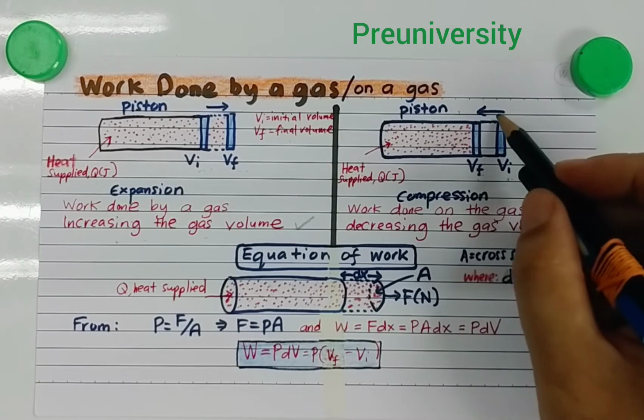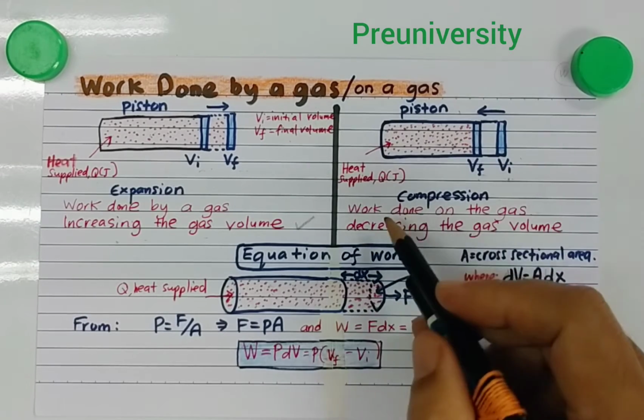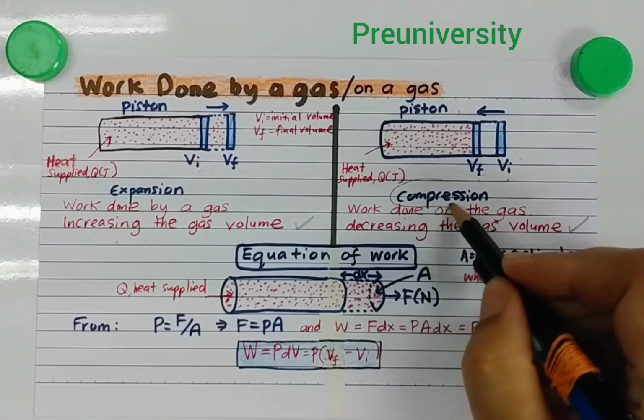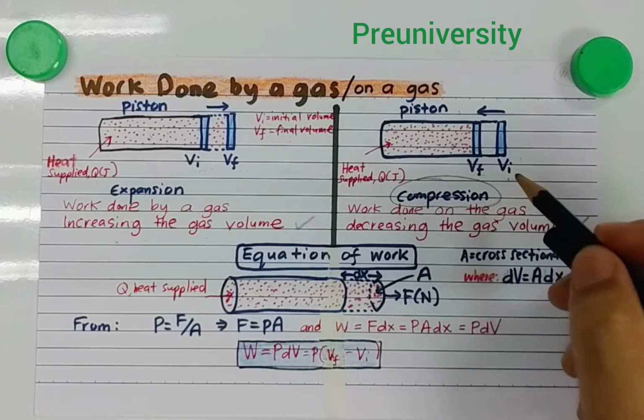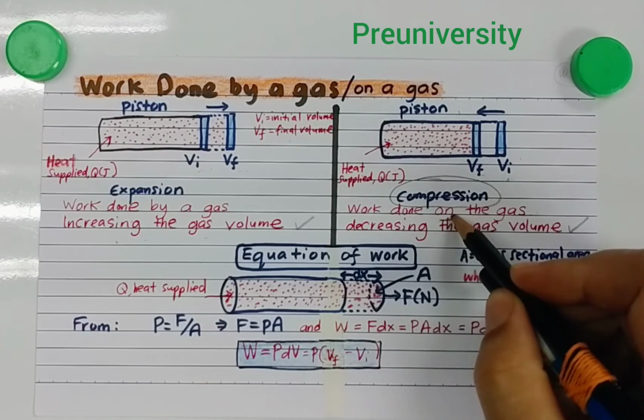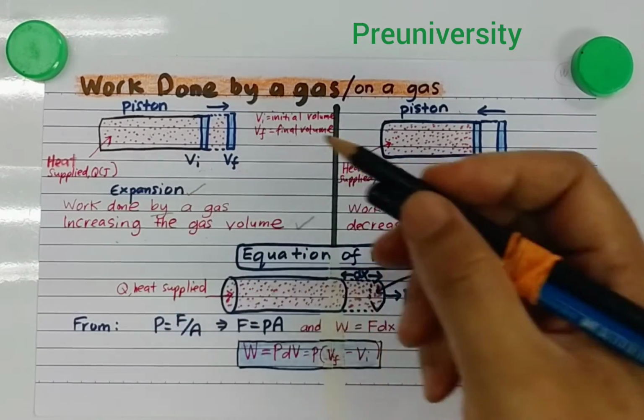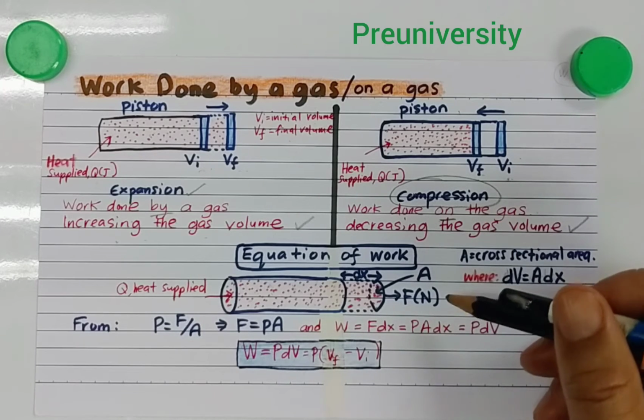What we can see here, decreasing the gas volume. So that's compression. Okay, so work done on the gas. For the expansion, work done by a gas.